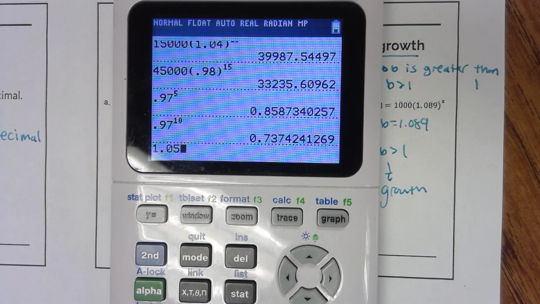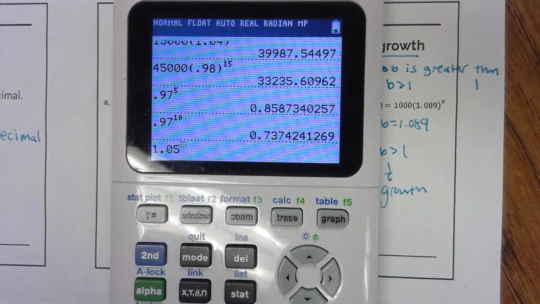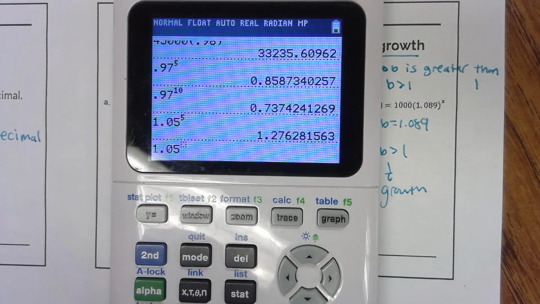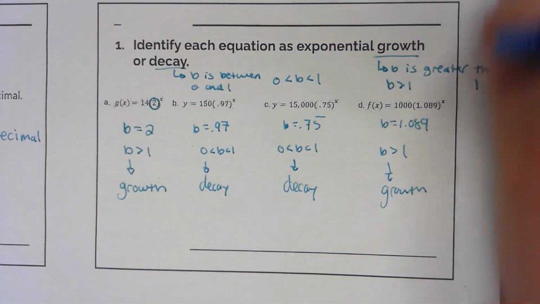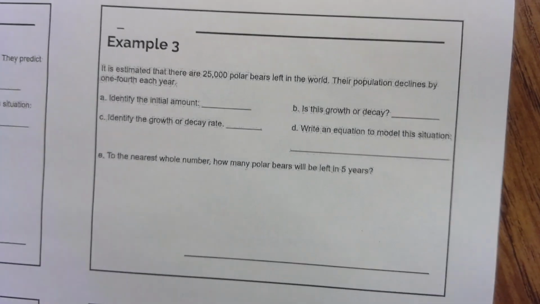As opposed to having a base that is greater than 1, if I start raising it to exponents, it's going to keep getting larger. So that's why we focus on that multiplier to decide if it's exponential growth or decay. Well, let's flip this over and let's start going through some of these applications.